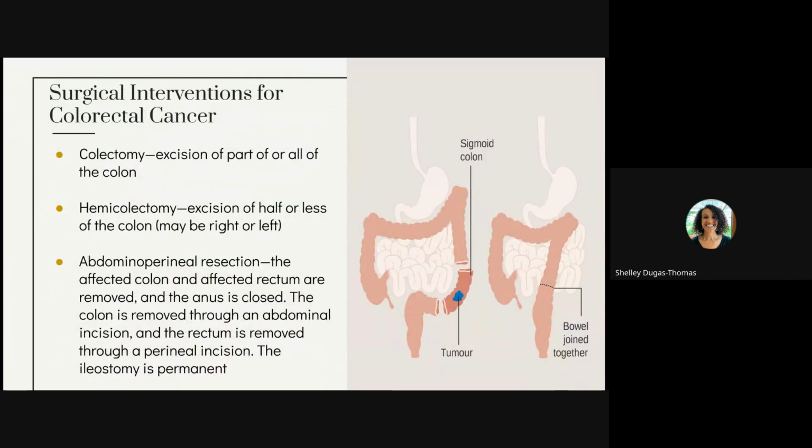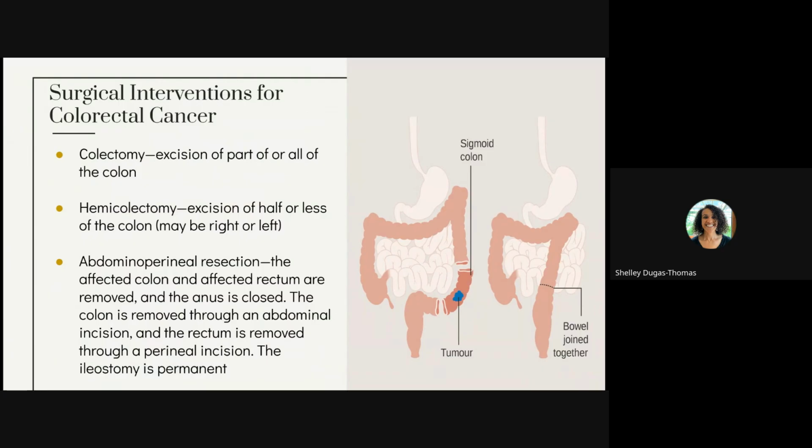Treatment of colorectal cancer primarily involves removal of the tumor and affected portions of the colon, along with the adjacent lymph nodes. The type and extent of surgery depends on the tumor size, location, and stage.